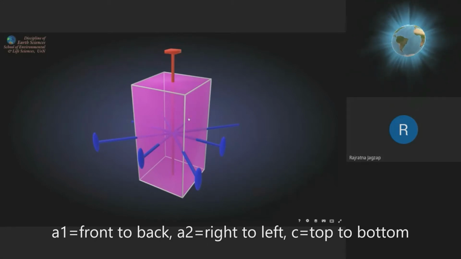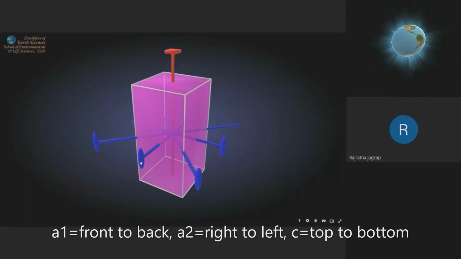Their lengths are equal. They are perpendicular to each other. Front to back and right to left axes are perpendicular to each other. Their names are A1 and A2 respectively, where A1 runs from front to back and A2 runs from right to left.